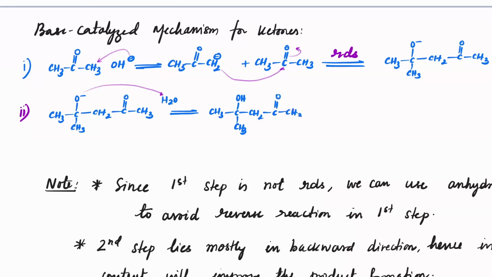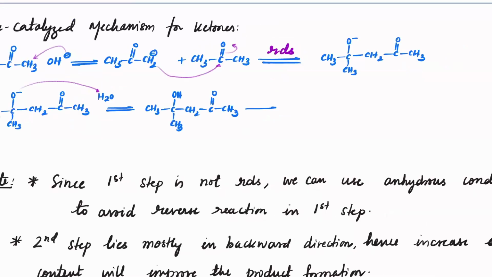Correct? From here again you will have the same step. So on heating it, as soon as you heat it, through the E1CB mechanism, elimination would happen and you'll get this double bond CH, C double bond O, CH3. So this is the product you will get.